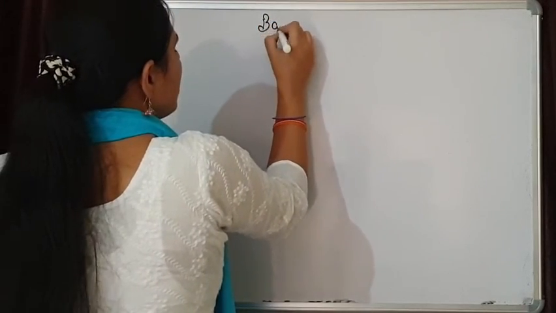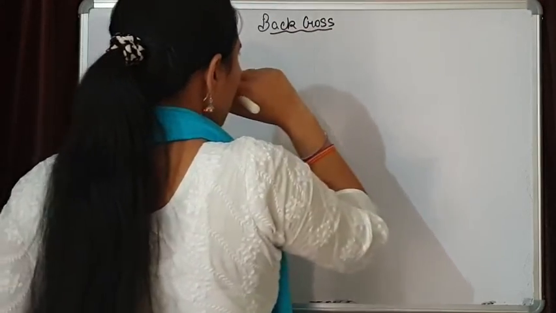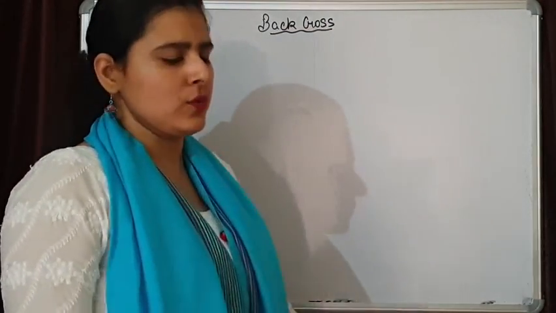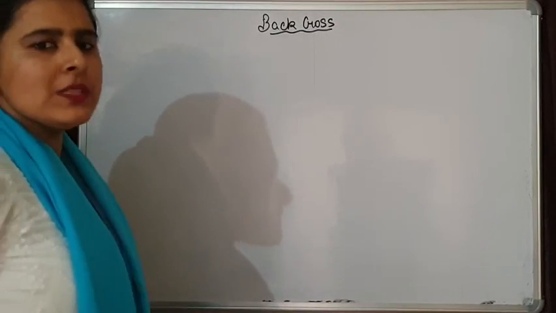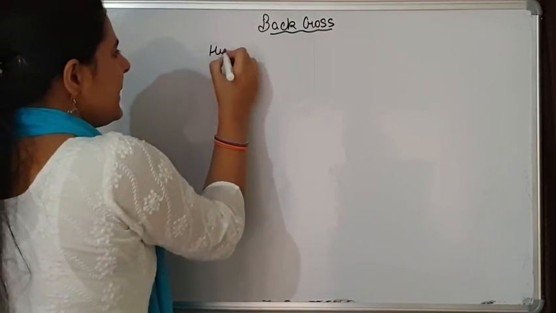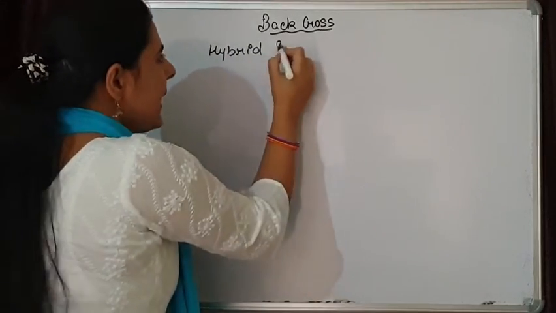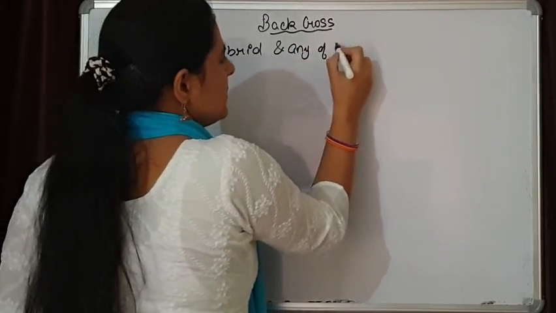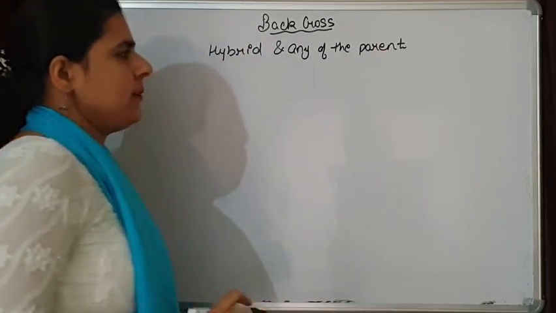Now let's talk about back cross. What happens in a back cross? The back cross is done between the hybrid, means the members of the F1 generation, and any of the parents.